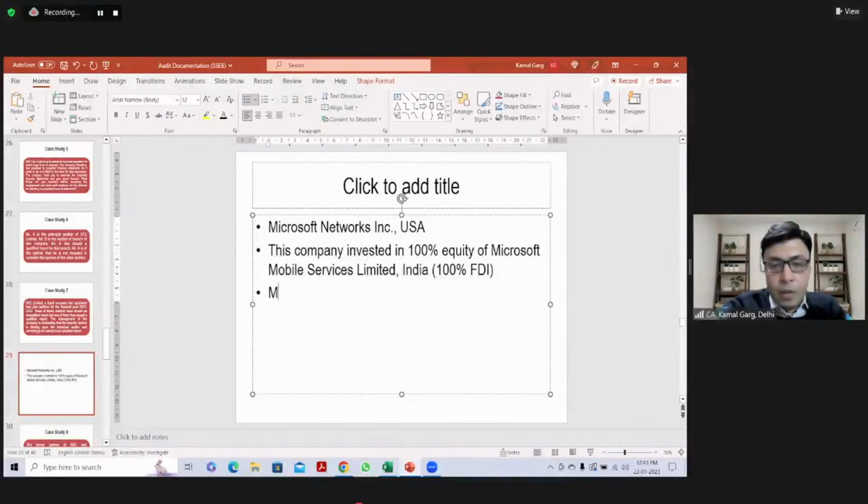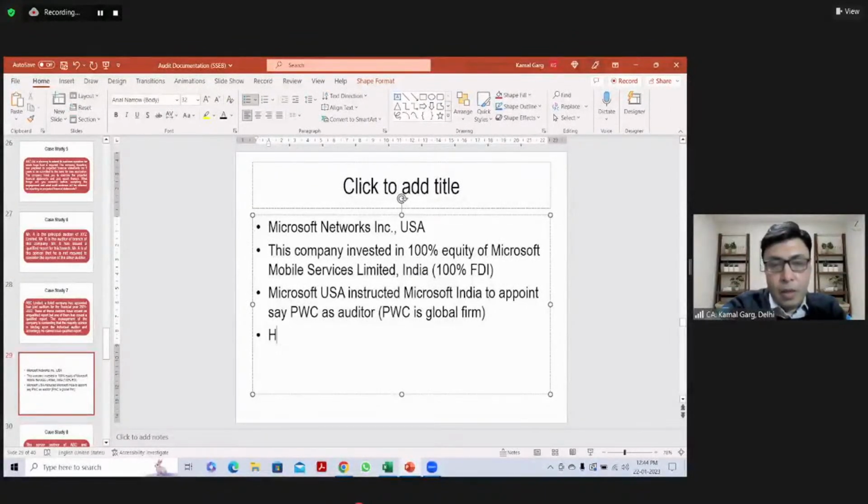Now what happened? Microsoft USA instructed Microsoft India to appoint, say, PwC as auditor. Now this PwC is a global firm.